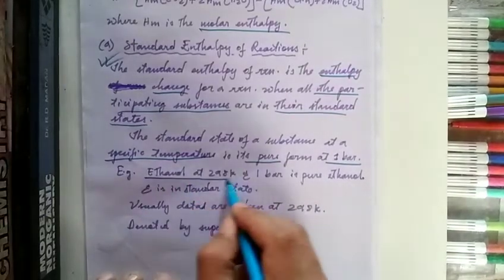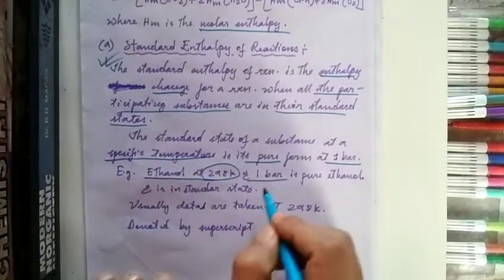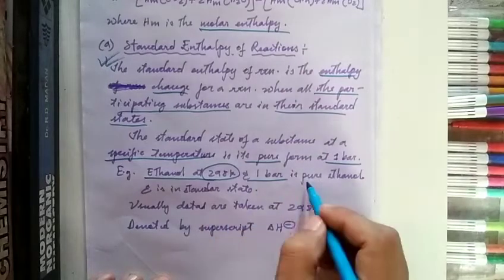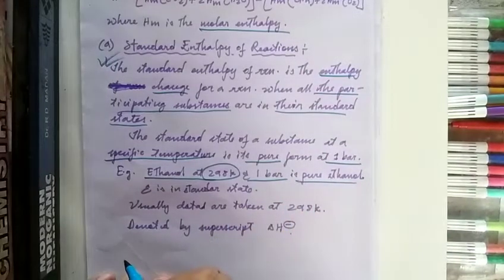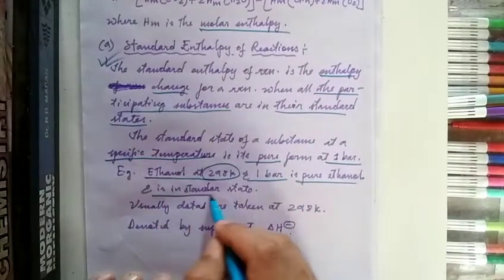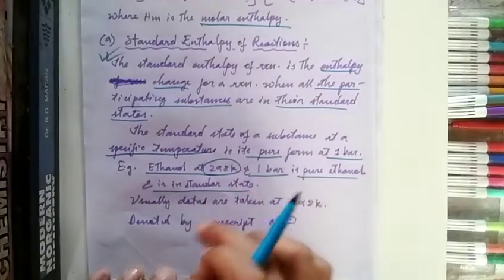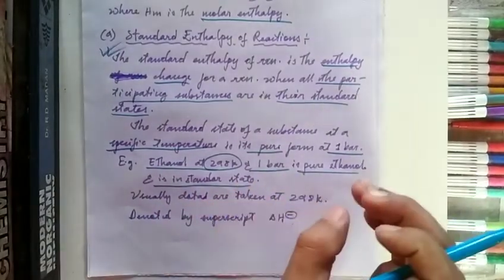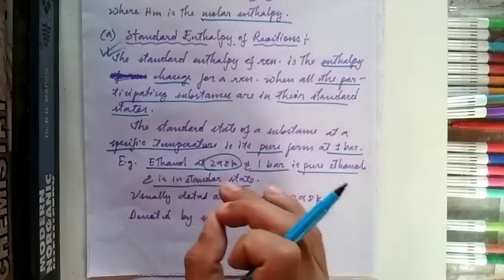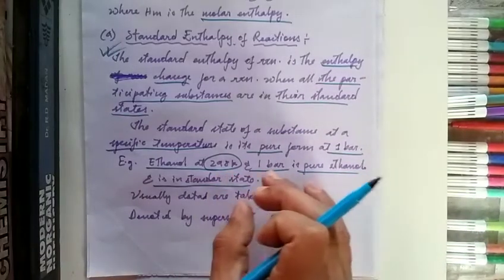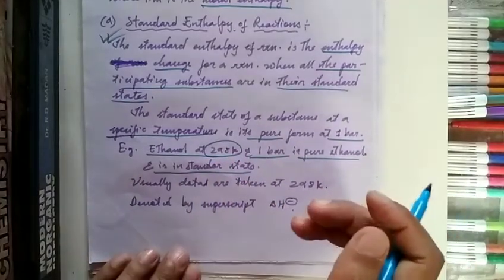An example is ethanol at 298 Kelvin and 1 bar pressure. So this is pure ethanol, and that means this ethanol is in standard state when it is in pure state at 298 Kelvin and 1 bar pressure.